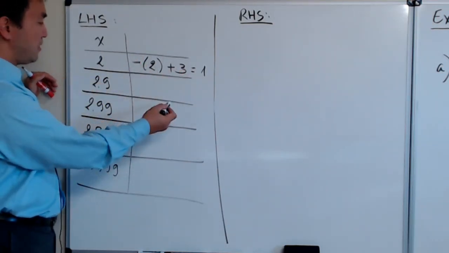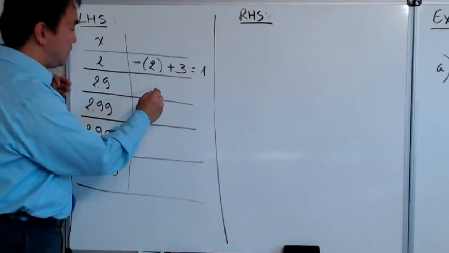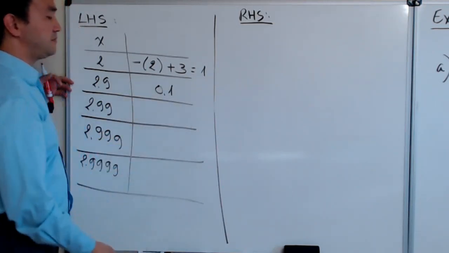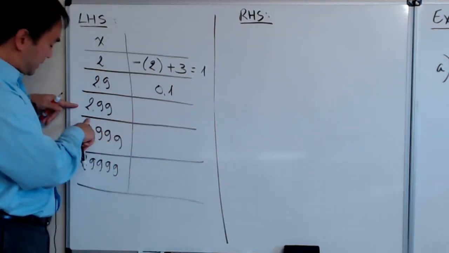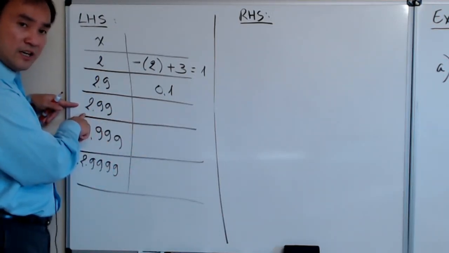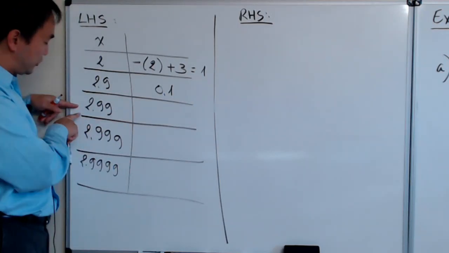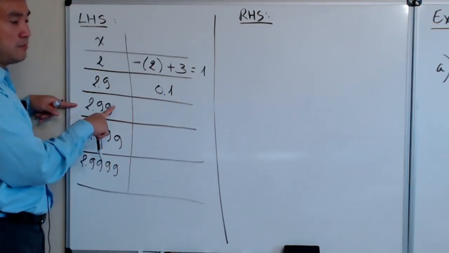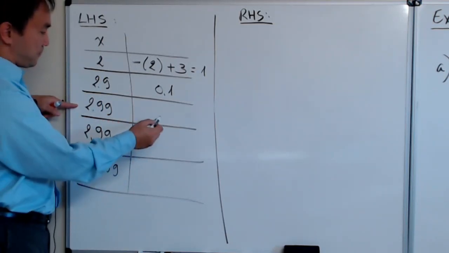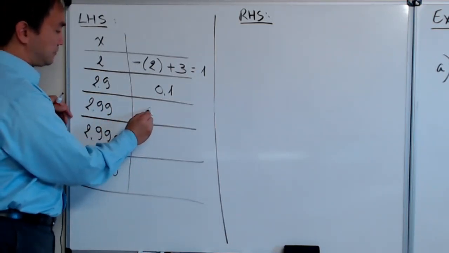The final output here came out to be 0.1. And then for the next value, 2.99, once again, it's still less than 3, even though it's much closer to 3. So I am entitled to using minus x plus 3. So that gives me 0.0.